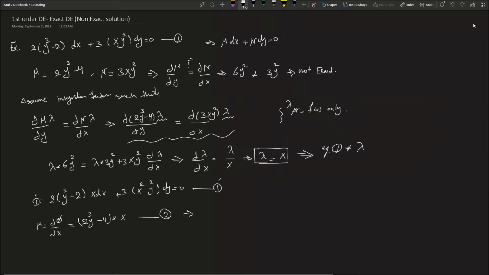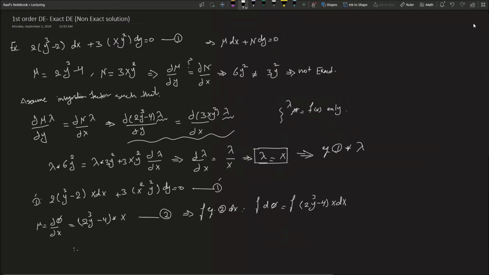Now, if you integrate equation number 2 with respect to x, then you can say the integration of d phi equals the integration of 2y cubed minus 4 x dx.